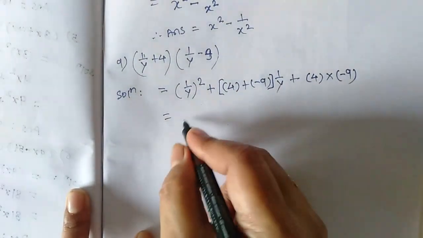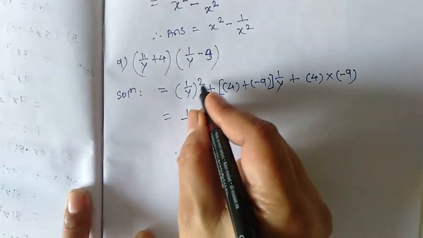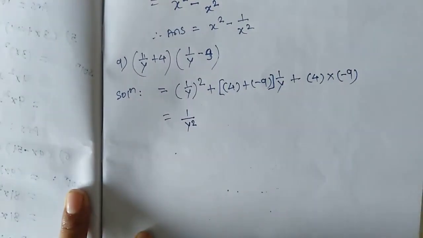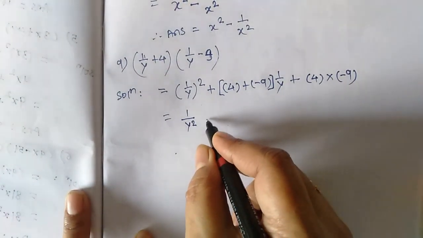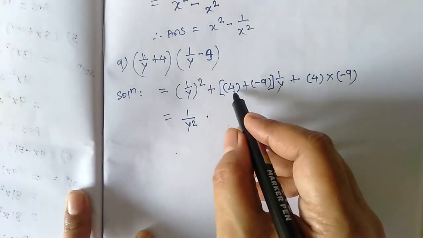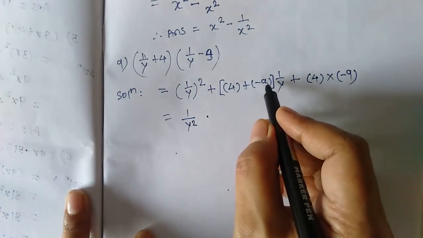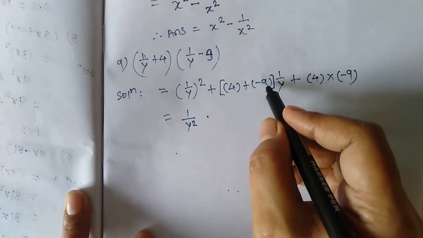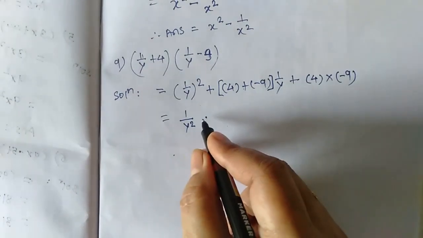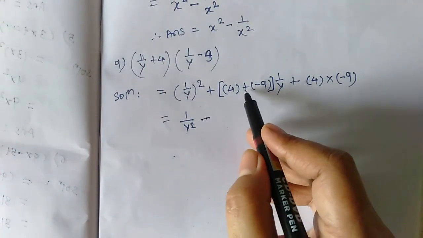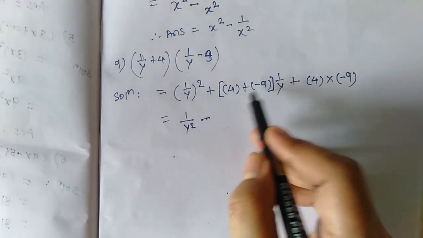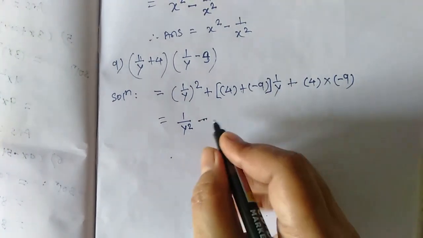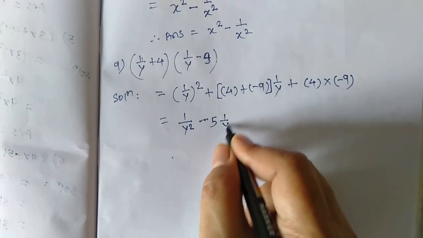So 1 upon y square is 1 square is 1 upon y square. Here 4 plus minus 9 means 9 is the greater, so give the sign of the greater number, and when plus minus occurs, then we take the subtraction. So 9 minus 4 is 5. 1 upon y.